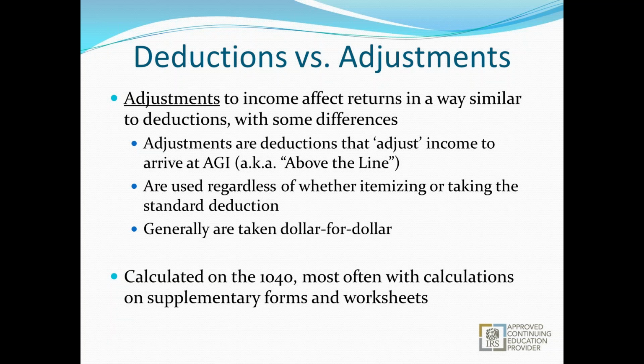By contrast, the Schedule A, the standard deduction, itemize, all that stuff, those are called below-the-line deductions because those are deducted below the adjusted gross income calculation. Adjustments are used regardless of whether they itemize or not. So you don't have to itemize to take an adjustment. These are taken pretty much standard as a dollar-for-dollar deduction against gross income.